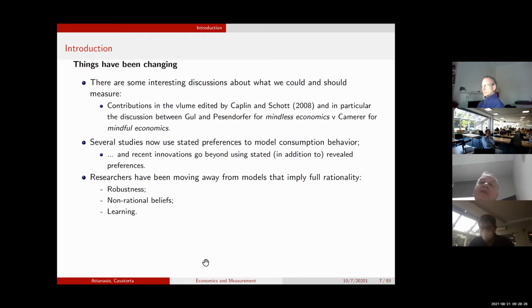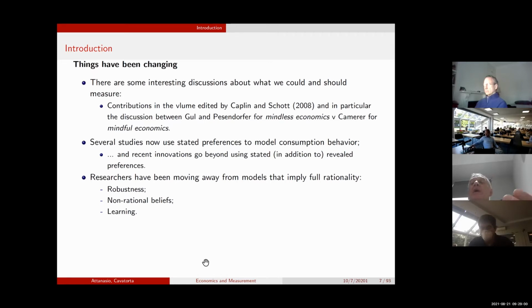And Gul and Pesendorfer rightly argue that an economic model does not necessarily need to assume full rationality, optimal behavior, and the absence of imperfections and frictions. One can and should change the model to try to understand mistakes people make, imperfections, non-rational beliefs, non-rational expectations and the like.